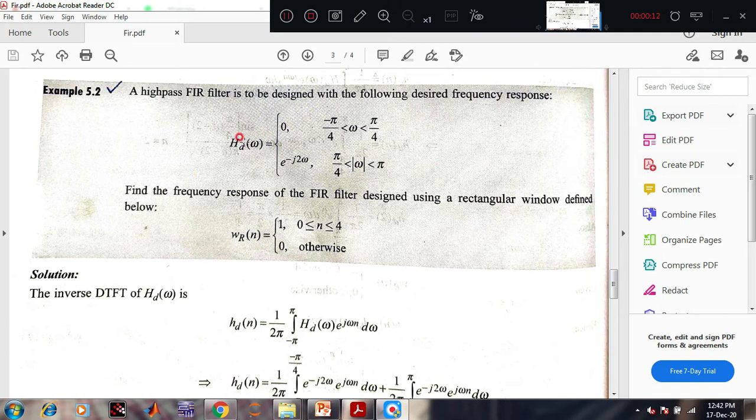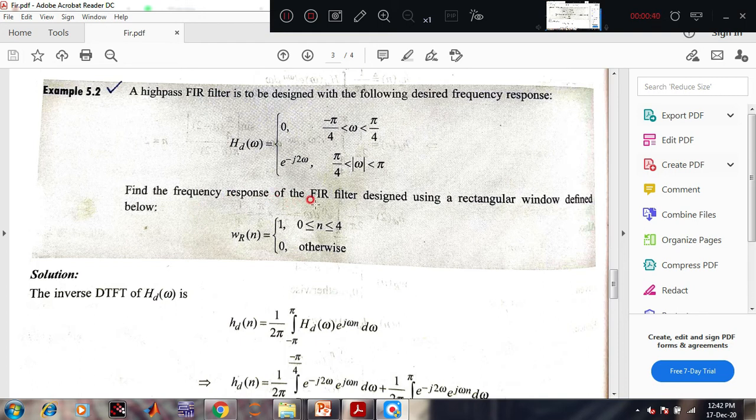So here the problem statement comes: a high pass filter is to be designed with the following desired frequency response: Hd of omega is equal to 0 for minus pi by 4 to pi by 4, and it is e raised to minus j 2 times omega for omega greater than pi by 4 and less than pi.